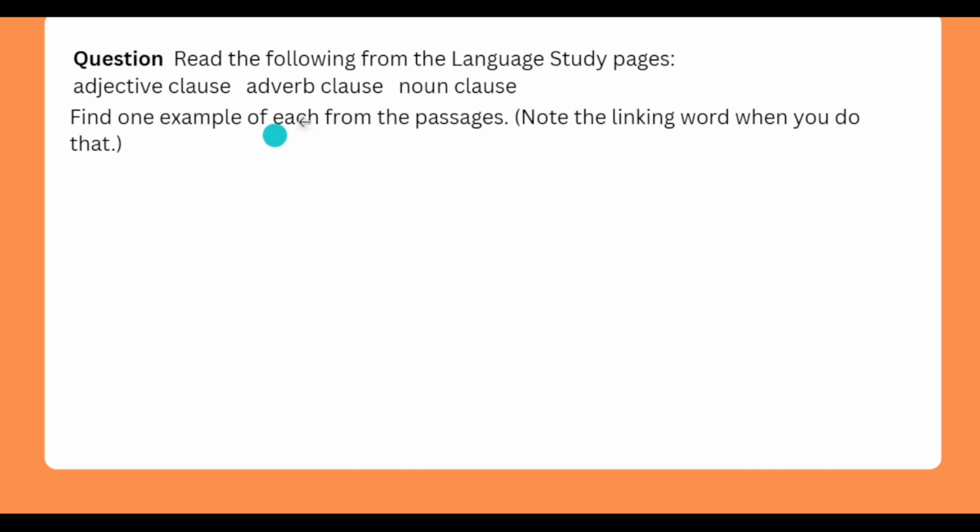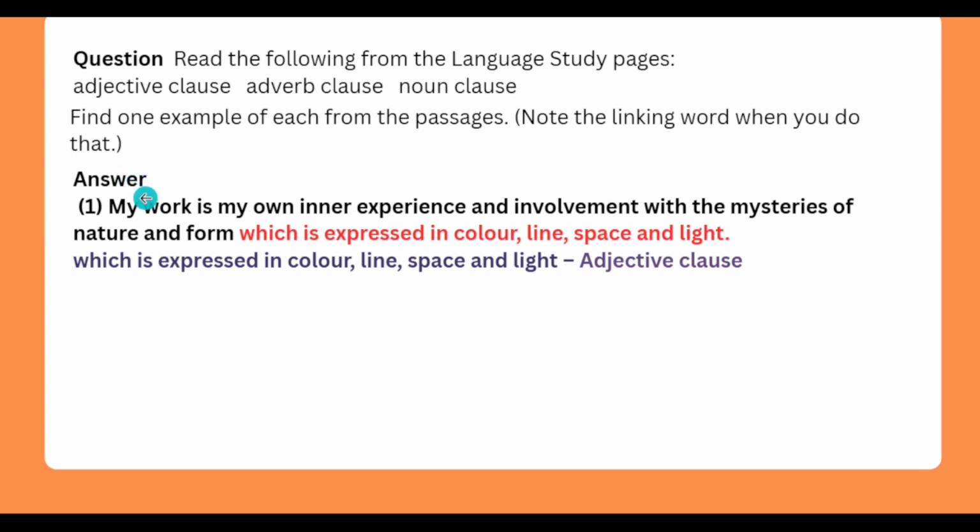Last question. Read the following from the language study pages. Adjective clause, adverb clause, noun clause. Find one example of each from the passages. Note the linking word when you do that. I have given here one example. You can write more from the text. My work is my own inner experience and involvement with the mysteries of nature and form, which is expressed in color, line, space, and light.